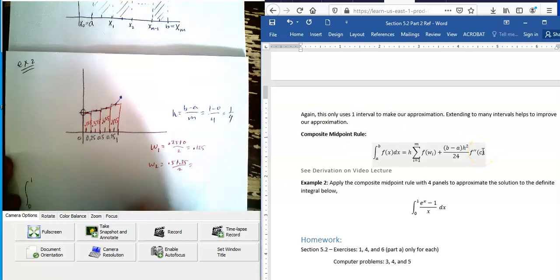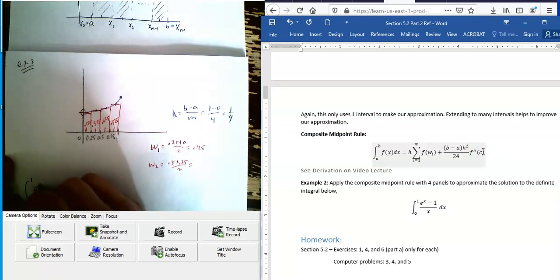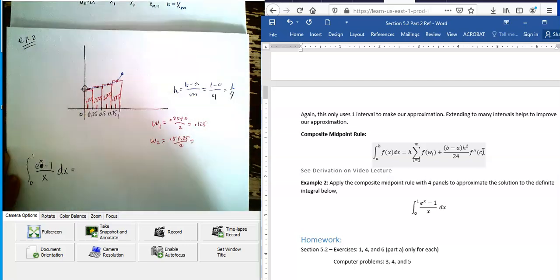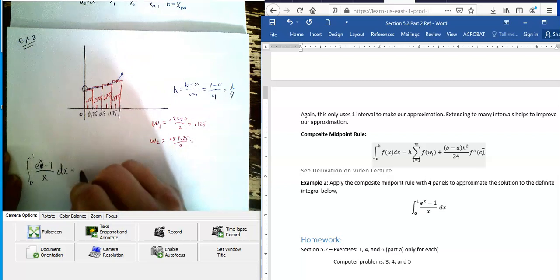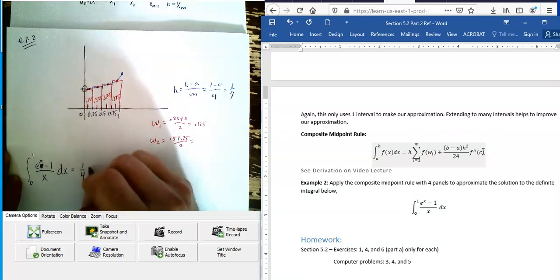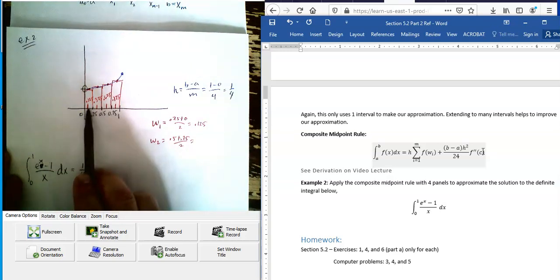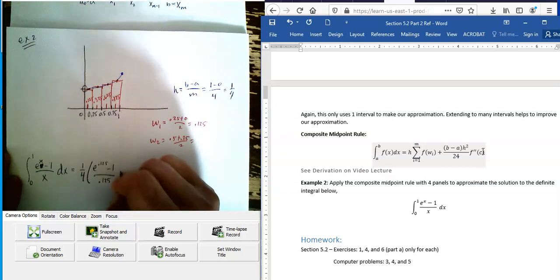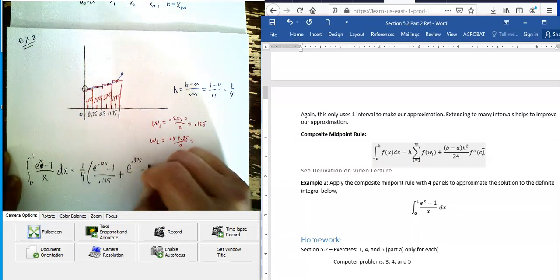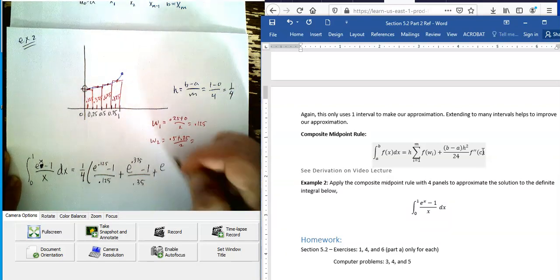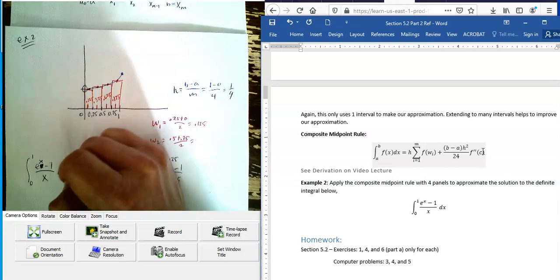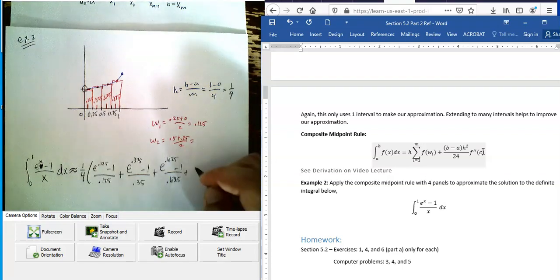Therefore, the integral from 0 to 1 of e to the x minus 1 over x is equal to h, which is 1/4, times the sum of all function values evaluated at these midpoints: e to the 0.125 minus 1 over 0.125, plus e to the 0.375 minus 1 over 0.375, plus e to the 0.625 minus 1 over 0.625, plus e to the 0.875 minus 1 over 0.875.